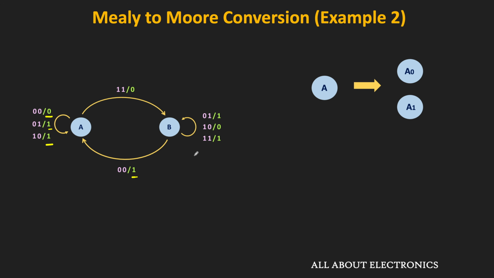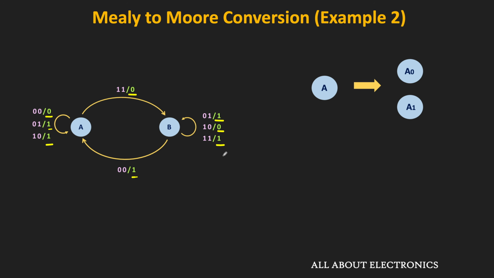Similarly, now let us see all the incoming transitions to this B state. We have one incoming transition from A to B state, and apart from that, 3 transitions are looping back to the same state. That means in this B state, we have a total of 4 incoming transitions, out of which for 2 transitions, the output of the machine is 0, while for 2 transitions, the output is equal to 1.